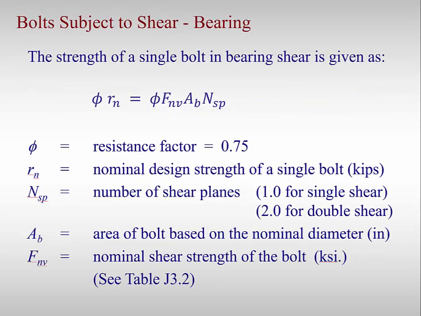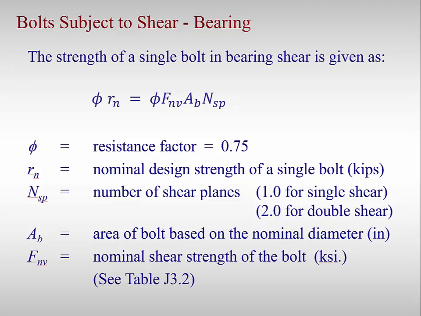The formula to determine the shear strength of bolts designed for bearing is shown in this slide, which is an expanded version of AISC equation J3-1. Note the lowercase r stands for the strength of a single bolt.